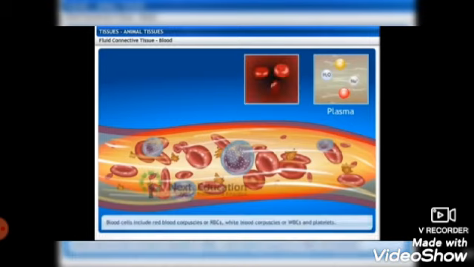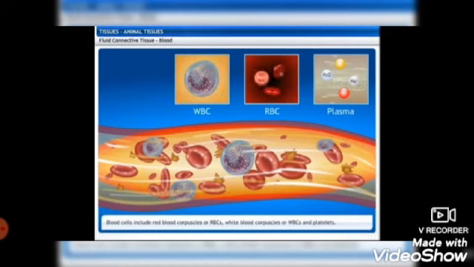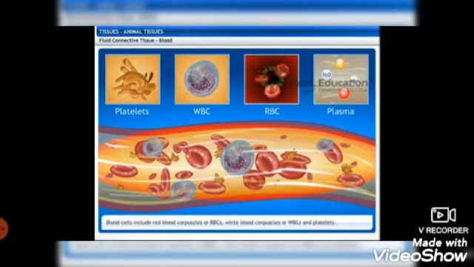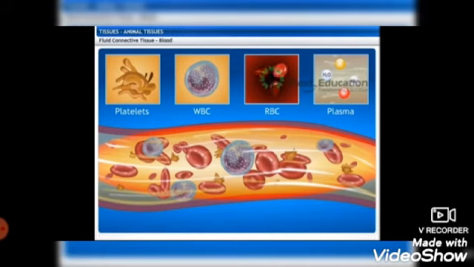Blood cells suspended in the plasma include the red blood corpuscles or RBC, white blood corpuscles or WBC, and the platelets. Blood flows within the blood vessels like arteries and veins and transports gases, digestive juices, foods, and hormones to different parts of the body.